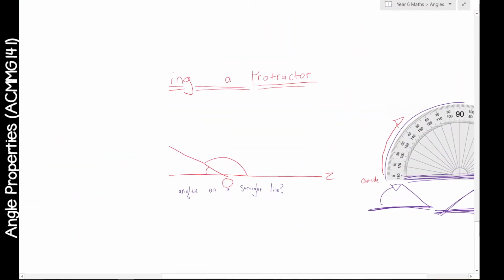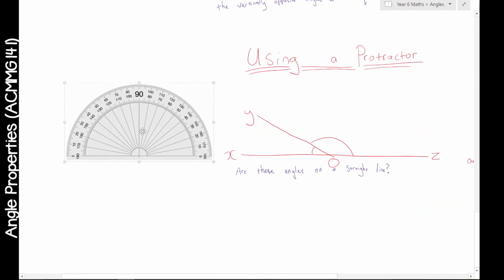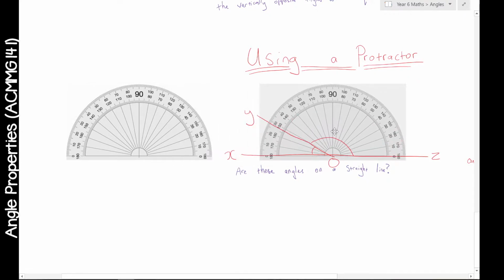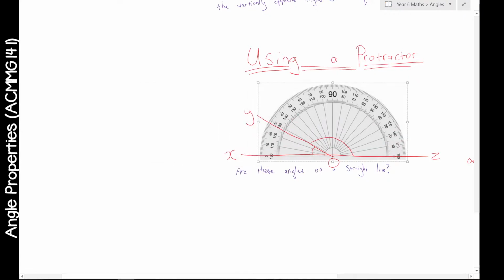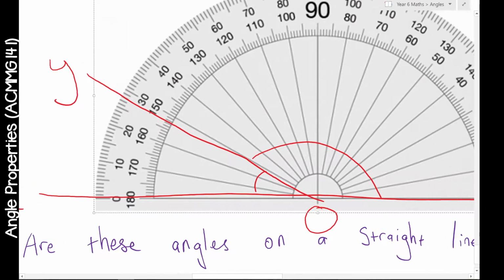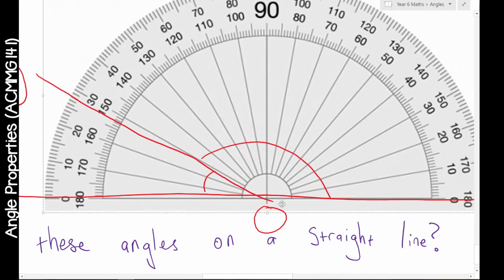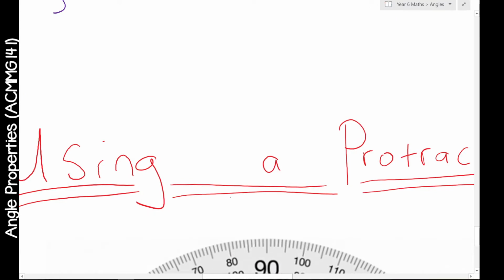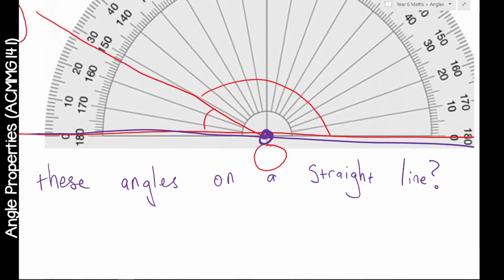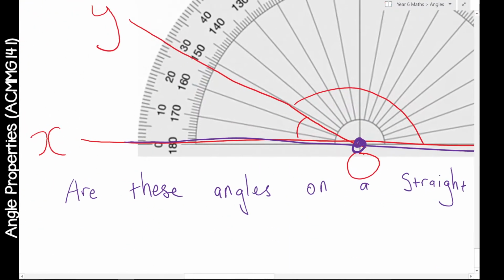So let's put it in practice and have a look. I've got my protractor. The idea is you want this point right here to be right where they intersect, and it should be on a straight line right here. I'll be able to show you a bit better in person, but as best I can on the computer, it's got to be straight.